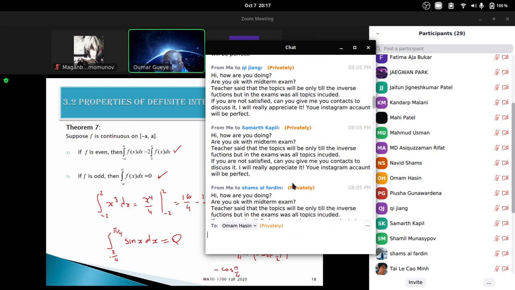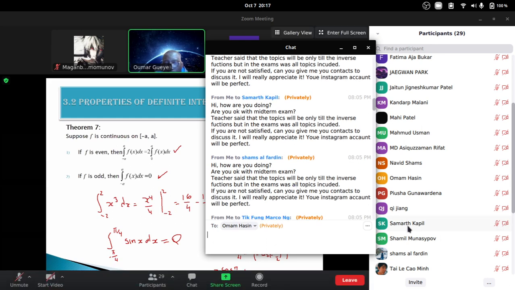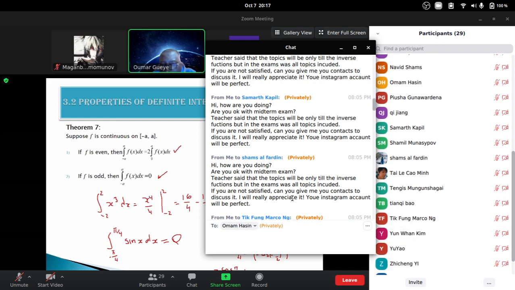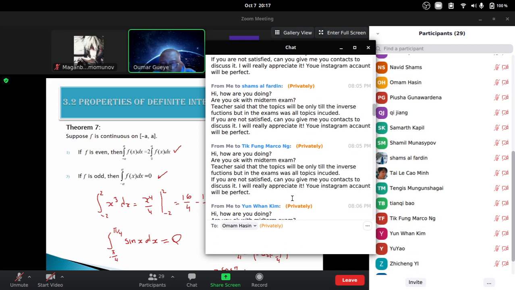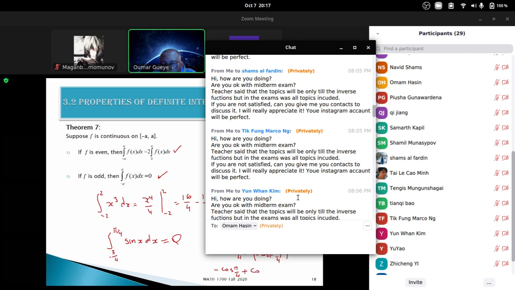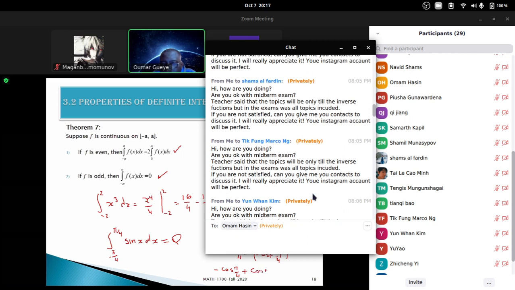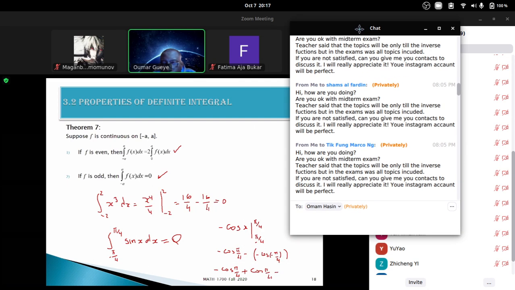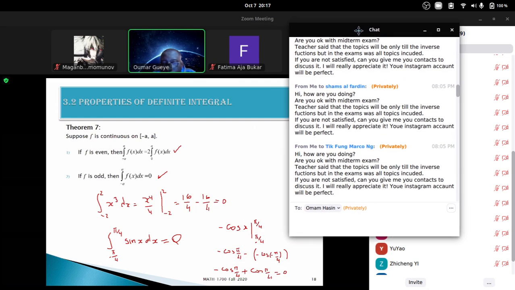If you drop the bracket, minus becomes plus. But cosine is an even function. Cosine of minus pi by 4 is the same as cosine of pi by 4. It's the same thing, and you see you get 0, exactly what we got without doing the calculation.